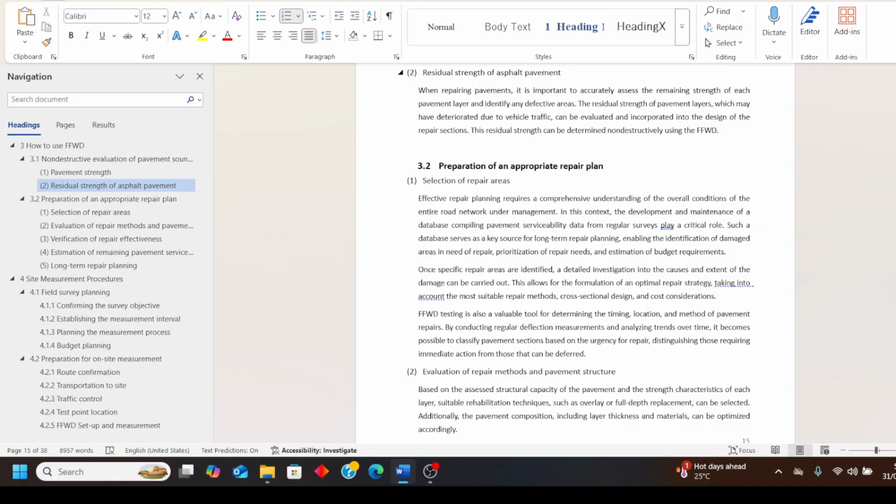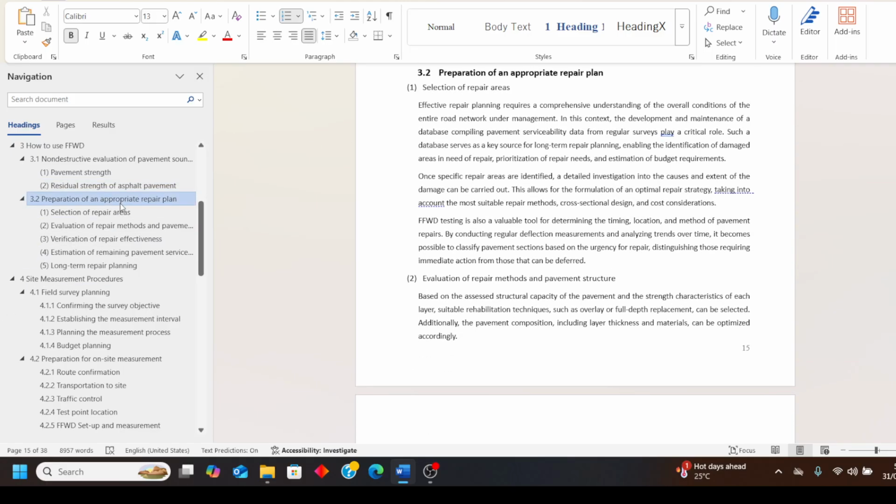Then moving to another section, which is the preparation of an appropriate repair plan. It includes the following steps. Number one is identifying the repair area, in which we detect where the pavement is weak or damaged. And then we evaluate the repair methods like overlay, strengthening, or reconstruction.